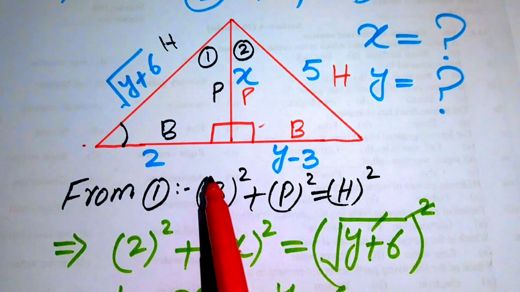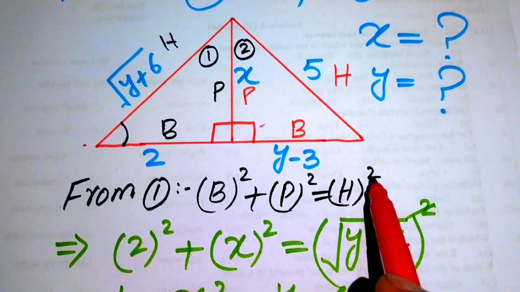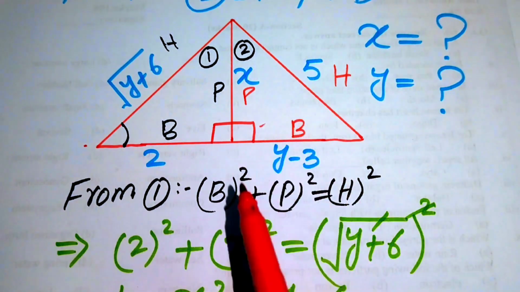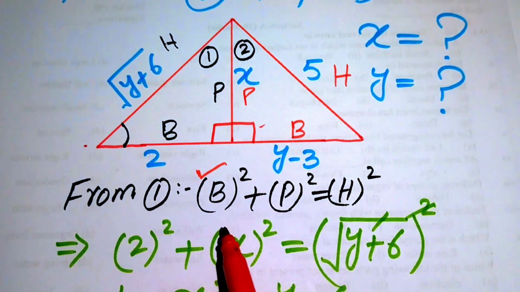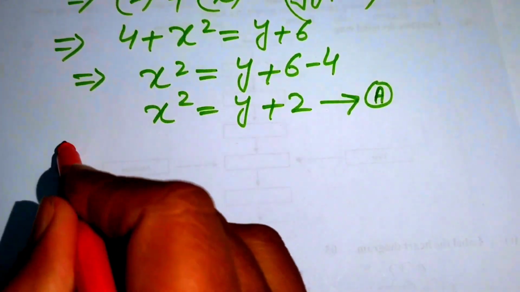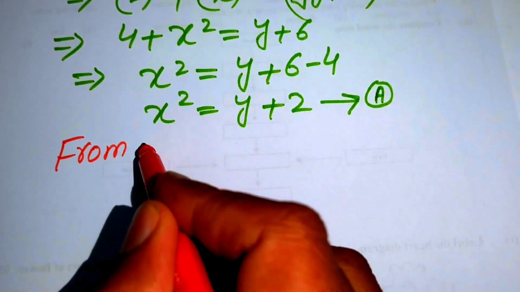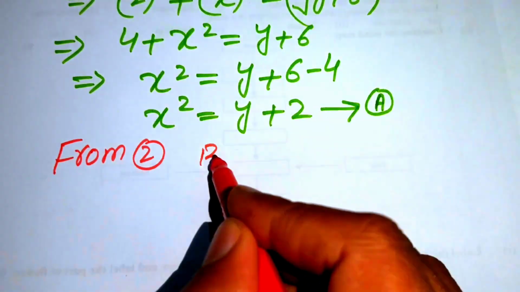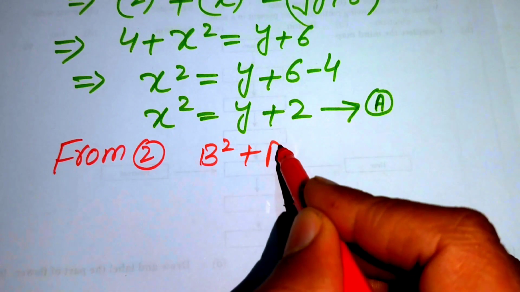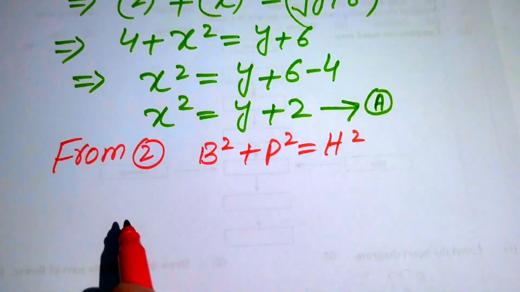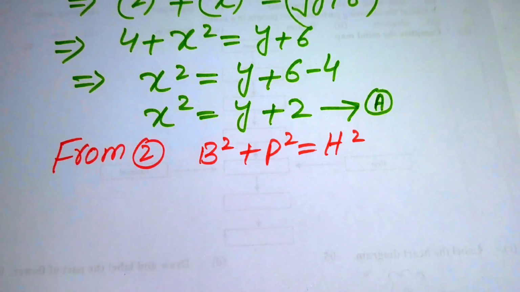Here we again use the Pythagorean theorem and put the values of b, p, and h in this formula and write the equation. From right triangle 2, the Pythagorean theorem is base square plus perpendicular square equals hypotenuse square, and now we put in the values of b, p, and h.